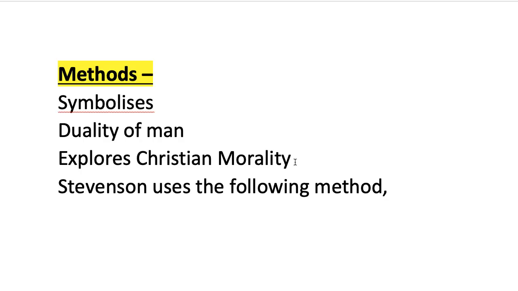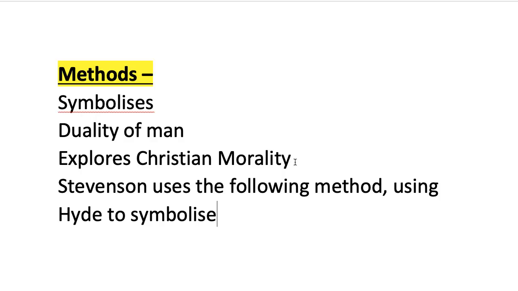So then I will have using Hyde to symbolise blah blah blah. Okay, don't put the Z in because that's American. And so when the examiner is thinking, has my student written about method, they don't have to think, it's there right in front of them. You've used that word and you said, give me my 5, come on, and then let's see if I can get a higher grade than that.